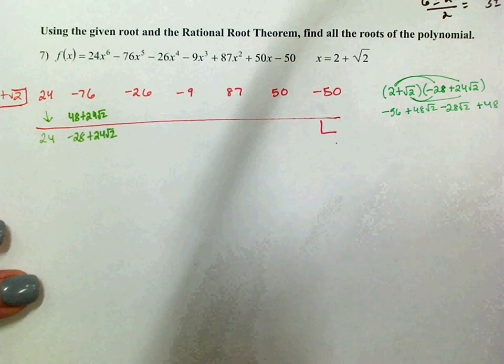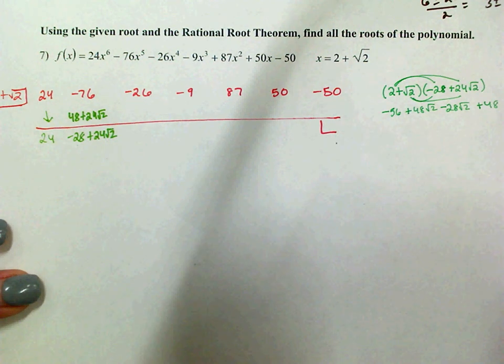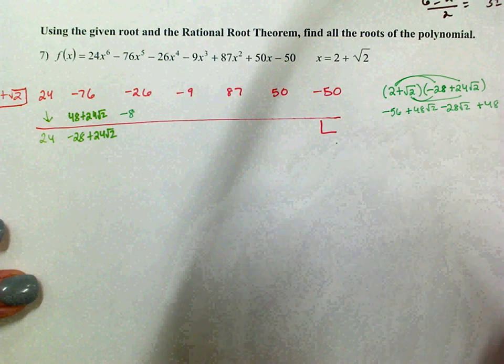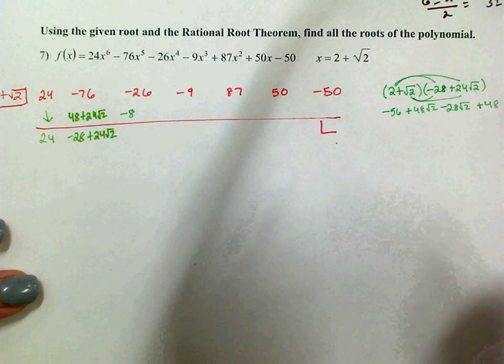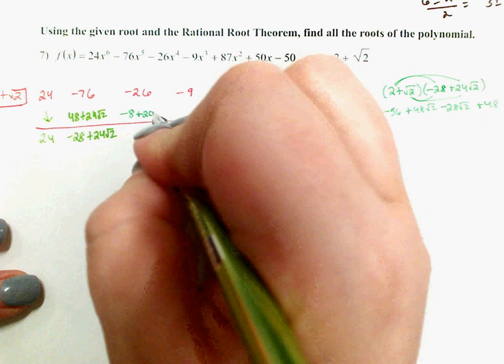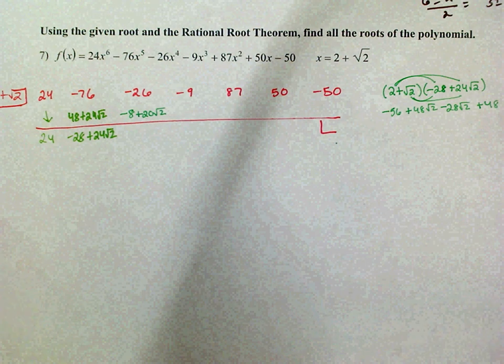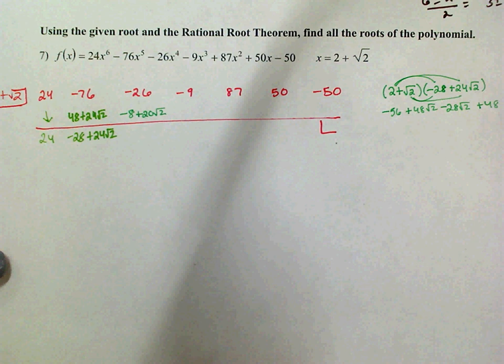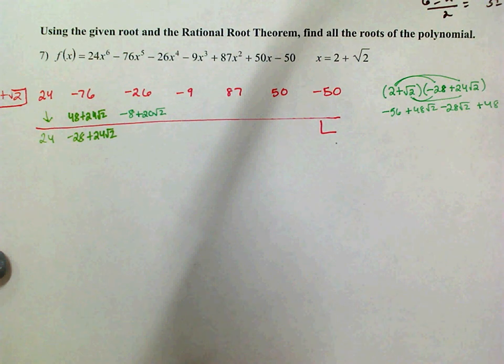Yes, negative 8. And 48 square root of 2 minus 28 square root of 2 is 20 square root of 2, so plus 20 square root of 2. All right, negative 26 minus 8 is going to be negative, so 4, negative 34. Negative 34 plus 20 square root of 2.